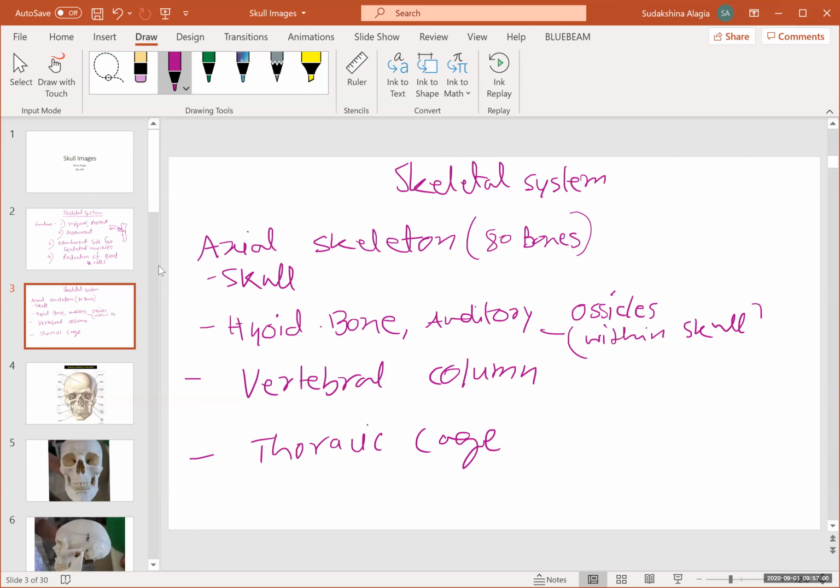We are not going to be looking at this for this exam. Vertebral column, thoracic cage. When we say thoracic cage, what are we talking about? We are talking about a single bone, the sternum, and the ribs, 24.